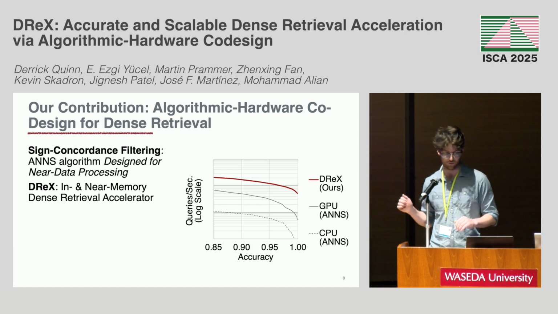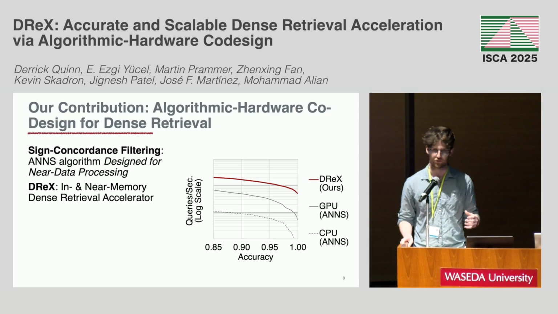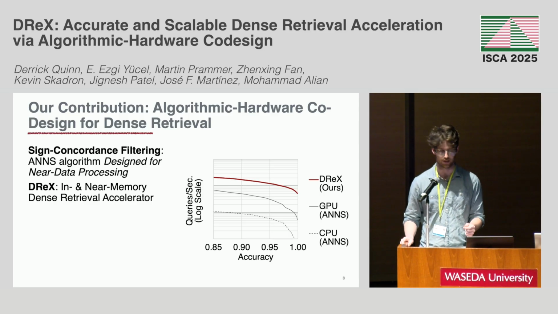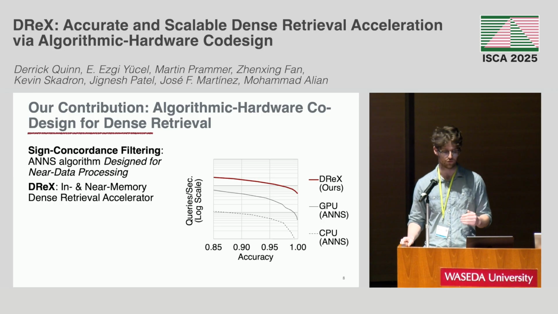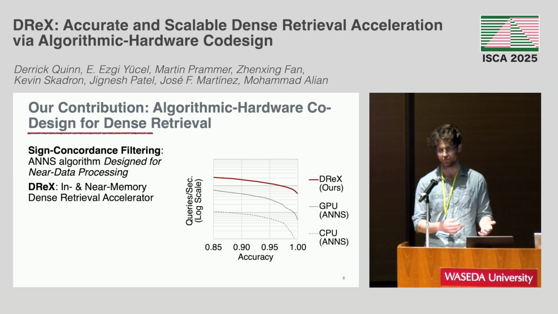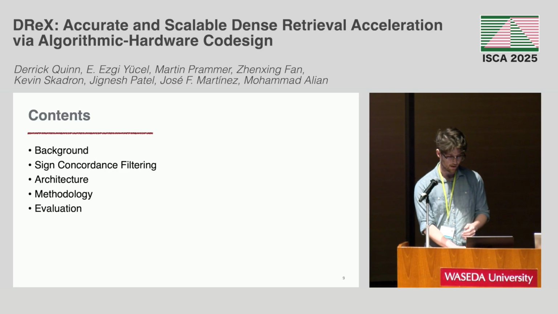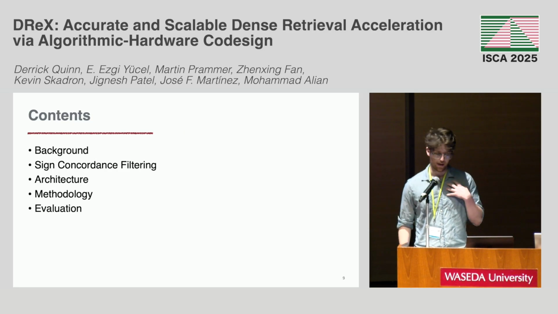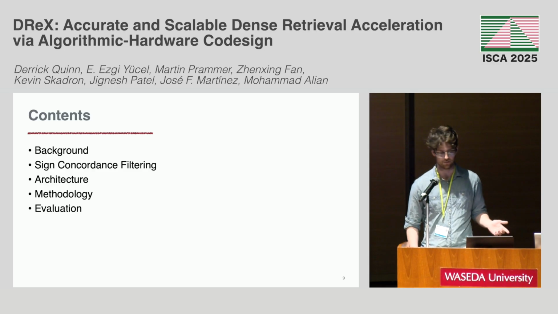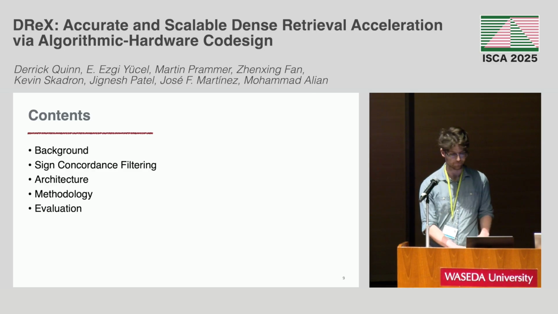As you can see on the right here, this is looking at accuracy and throughput. Compared to CPU and even GPU-based approximate search, we can achieve dramatically higher speed for the same accuracy target and, of course, accuracy for the same speed target. As for the rest of this talk, I'll take you through sign concordance filtering and what we do specifically, and then Ezgi will take you through architecture through the evaluation.